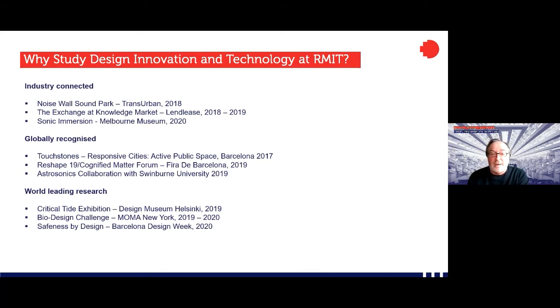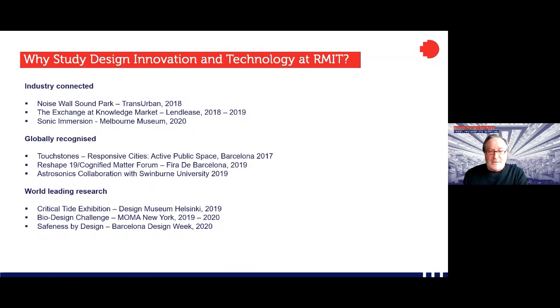We had students win awards and then go to the Reshape Cognified Matter Forum in Barcelona, where they were designing prosthetic devices for human futures. And we've had a team working on a project called Astrosonics, which is working with the astronomers at Swinburne University. As far as world-leading research, we have some fabulous industry fellows, such as Pirjo Haikola, who is doing a whole series of projects on marine sustainability, and she curated the Critical Tide exhibition at the Helsinki Design Museum.